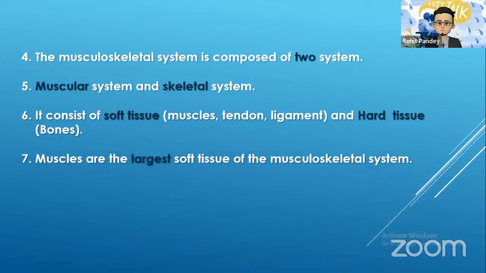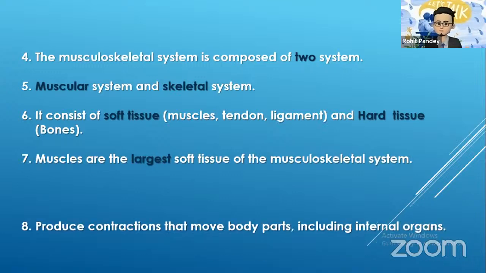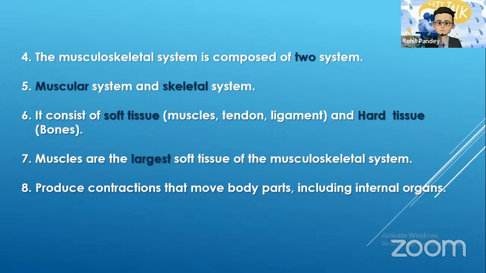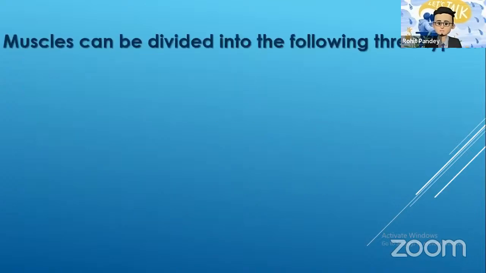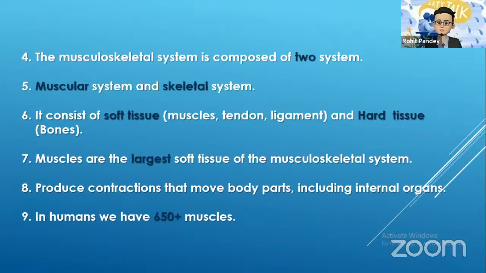Muscles are the largest soft tissues of the muscular system, and they produce contractions that move body parts, including internal organs. In humans, we have 650 plus muscles and how many bones?